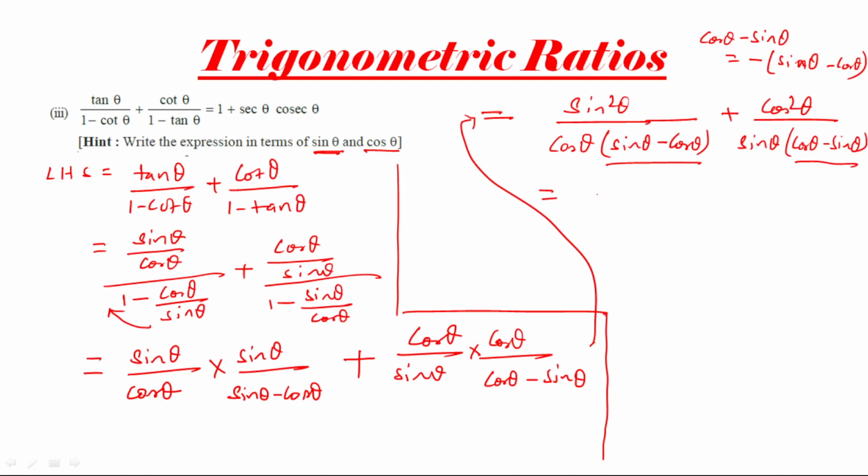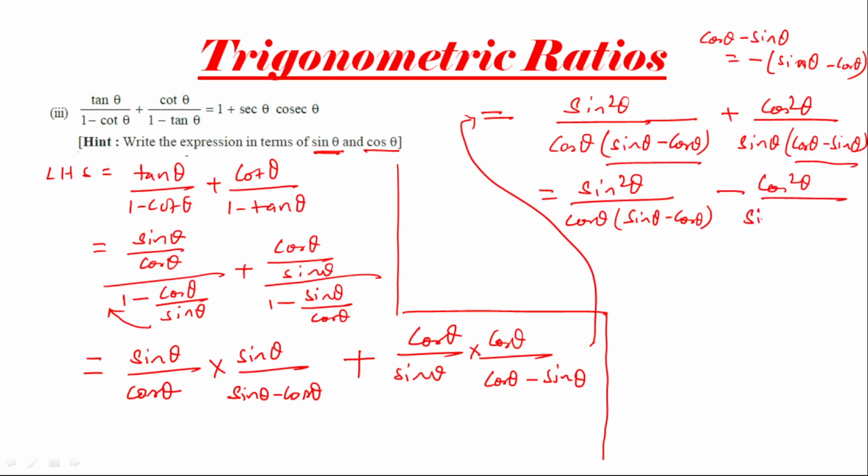In that case it will become sin square theta divided by cos theta into sin theta minus cos theta, and here it will become minus cos square theta, so that in the denominator we can write it as sin theta minus cos theta, like this.